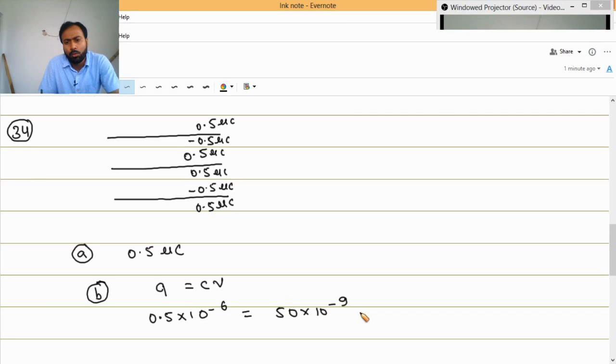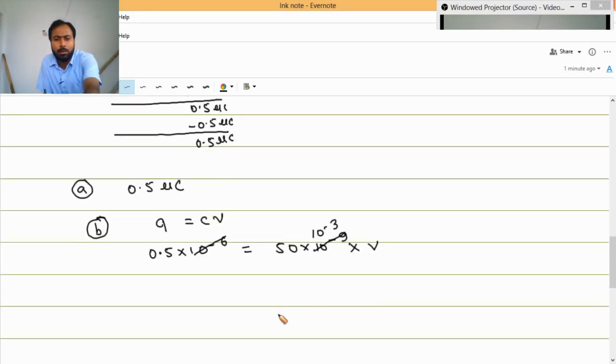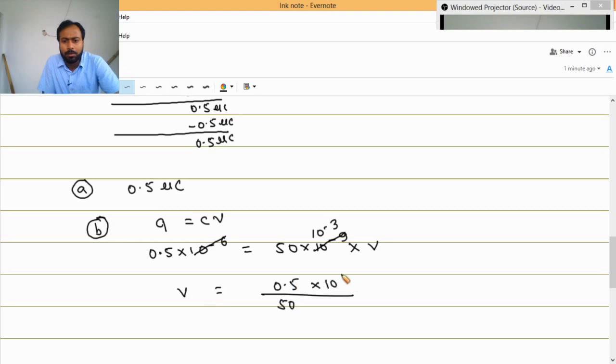So it will be 50 into 10 to the power minus 9, and the potential is what we have to decide. Now here we have 10 to the power minus 6 and here minus 9, so it will be 10 to the power 3. In order to decide the value of B, we will do 0.5 divided by 50 into 10 to the power 3.